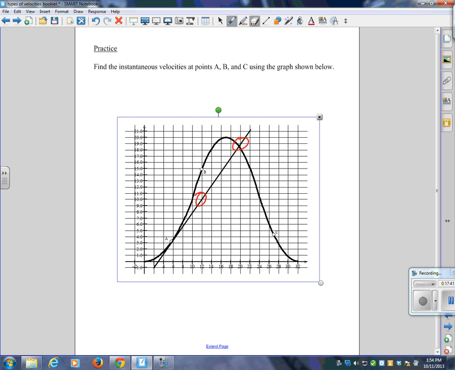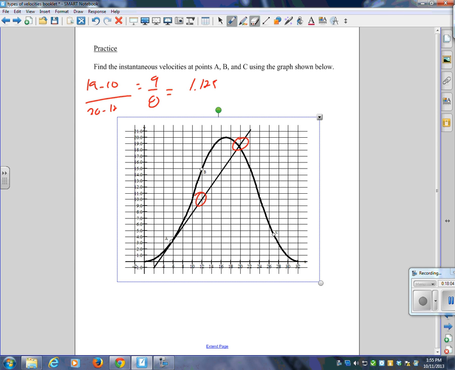I can pick any two I want. It's the straight lines. Okay? So I'm going to get a slope here now. This is going to be 19 minus 10 over 20 minus 12. So that's going to be 9 over 8, or 1.125.